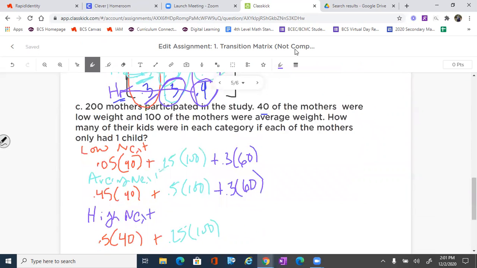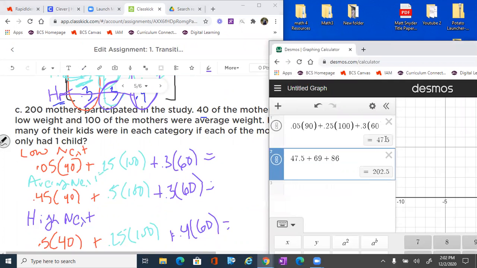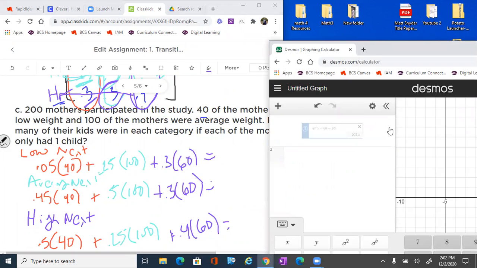Okay, so 40 plus 0.4 of 60. Once we've got that information, it is as easy as going back and typing everything in to find those answers.